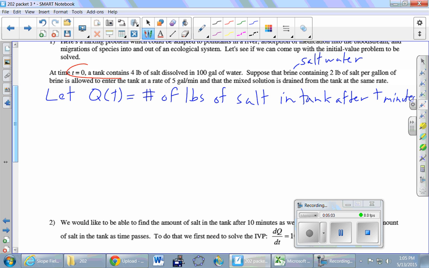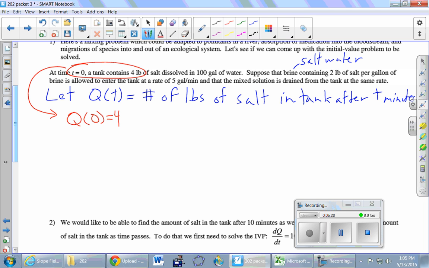So this thing right here translates into our initial condition. Can somebody say that as an equation? Everyone buy that? 0 minutes in, there are 4 pounds of salt mixed into this tank. Salt, total salt in pounds.